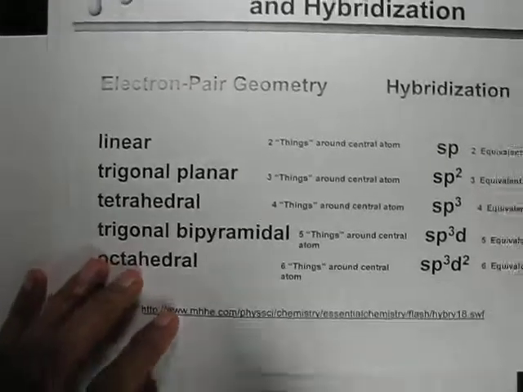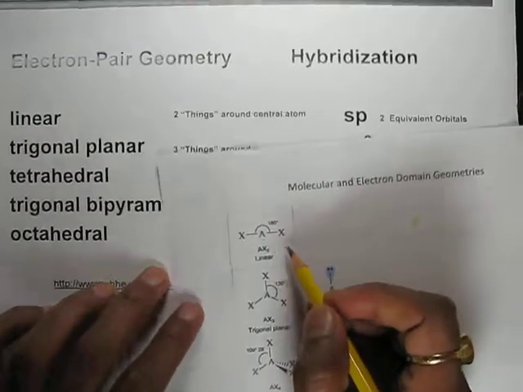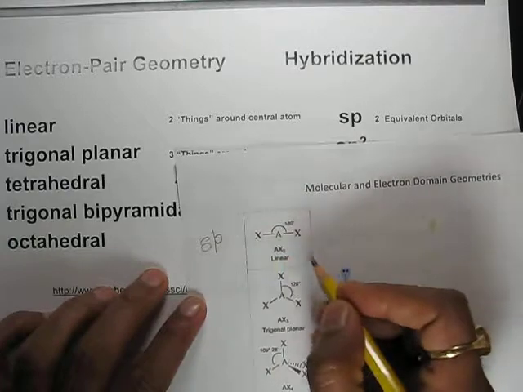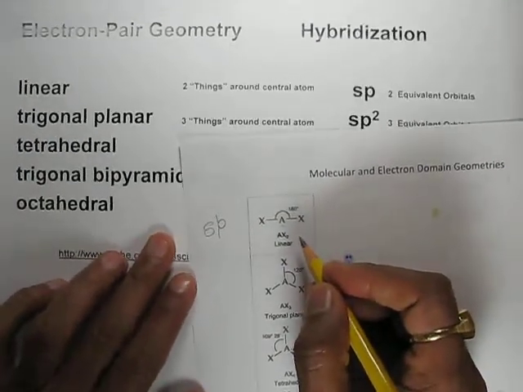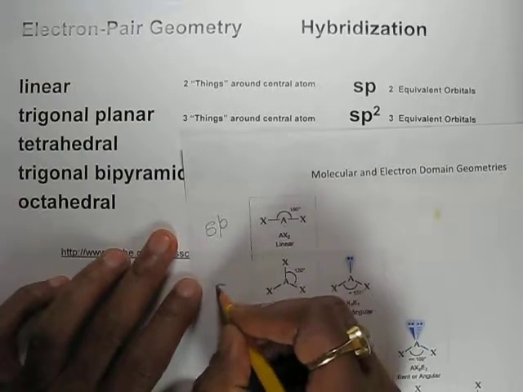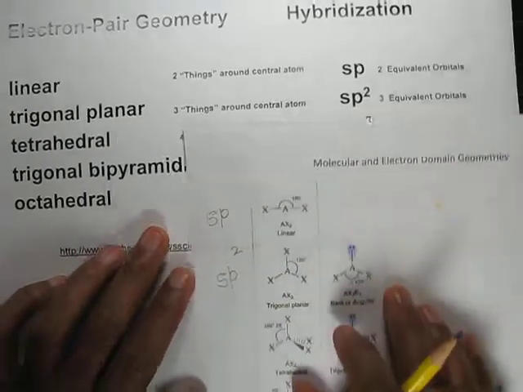If the electron pair geometry is linear, then the central atom will have sp hybridization, and in the case of trigonal planar, the hybridization will be sp2 type.